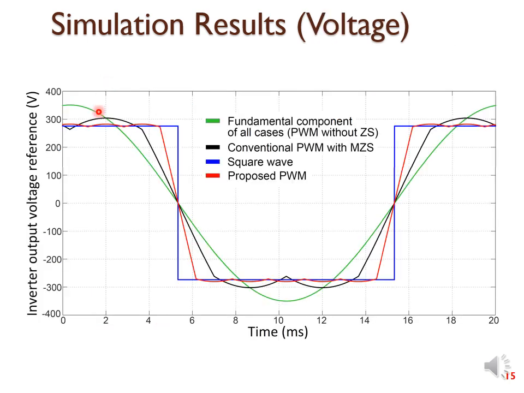This figure shows the phase voltage references for each of the switching methods. All of them have the same fundamental voltage, which is the one in green, and we can see that the proposed PWM in red has a voltage peak that is almost as low as for the square wave in blue, but substantially lower than the conventional PWM with zero sequence in black.